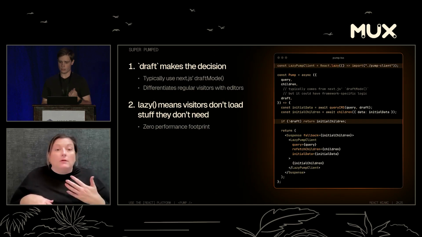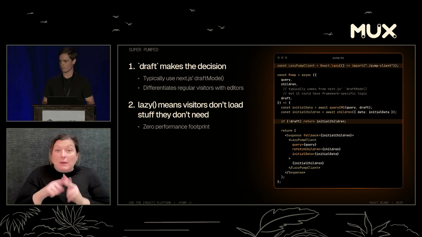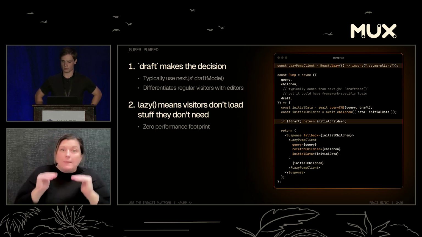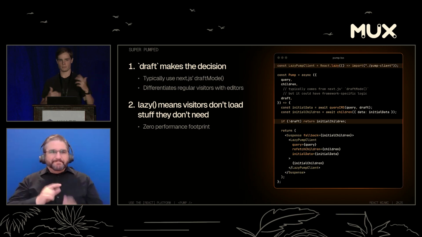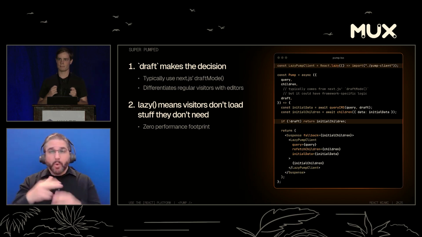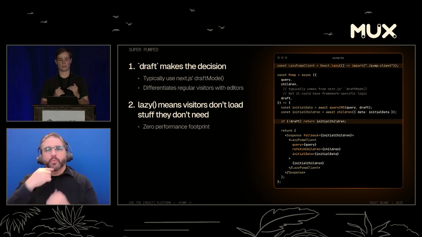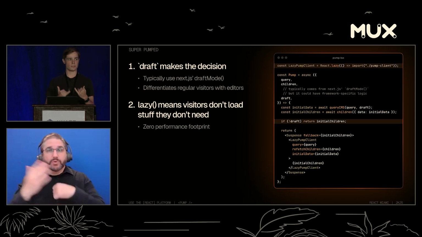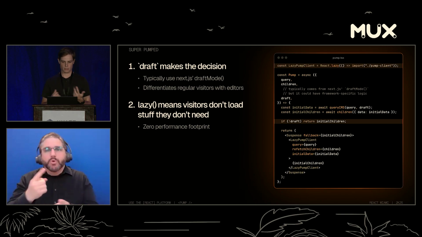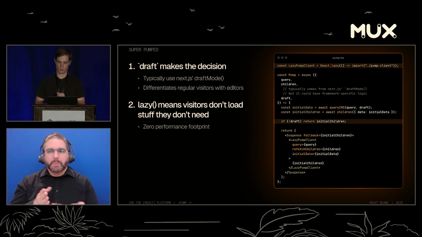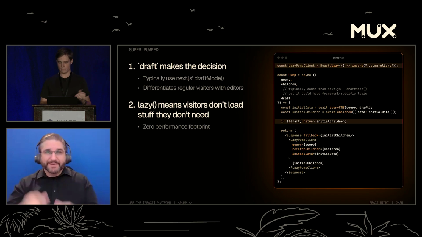The full implementation looks something more like this, with some enhancements meant for production, which is we have a parameter, we call it draft. It could be preview or something that tells Pump if the thing that's calling this component is allowed to see draft content, or if it's just a regular visitor navigating around your website. And so if draft is false, we just return initial children.